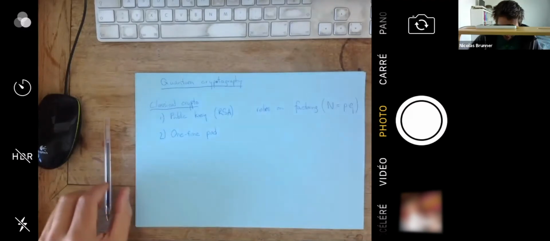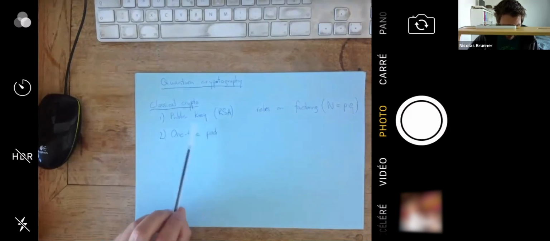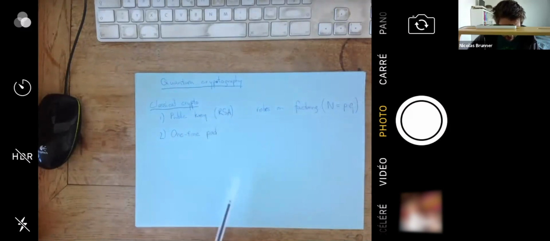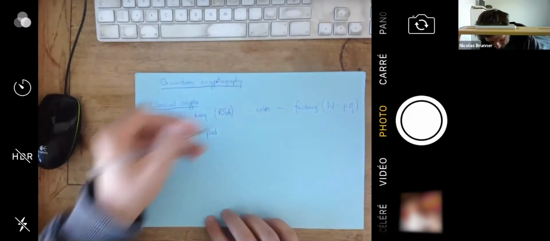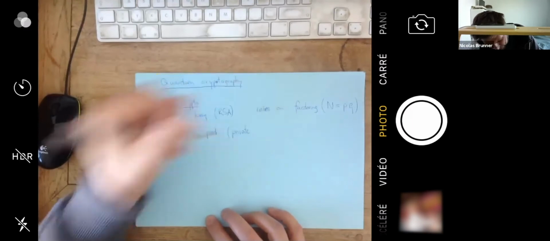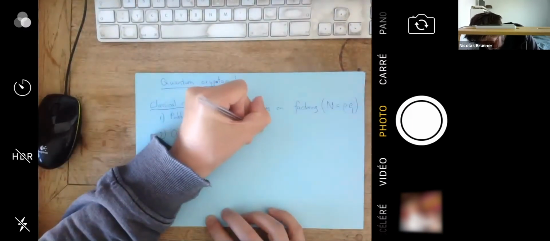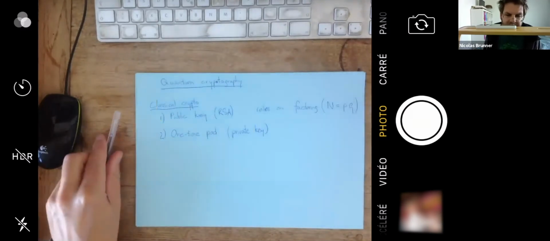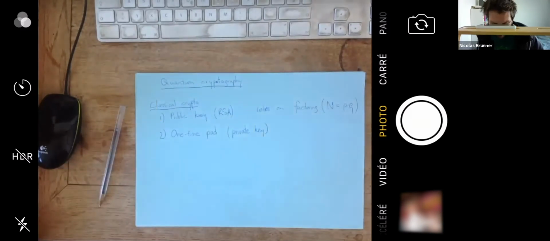But contrary to the public key scheme, oh, sorry, why did I write that? Yes, what I wanted to write first is that this is a private key system, okay? And the one-time pad is the perfect realization of this idea of a private key.